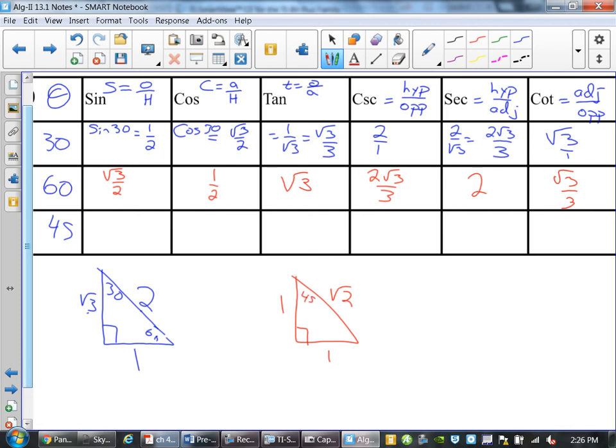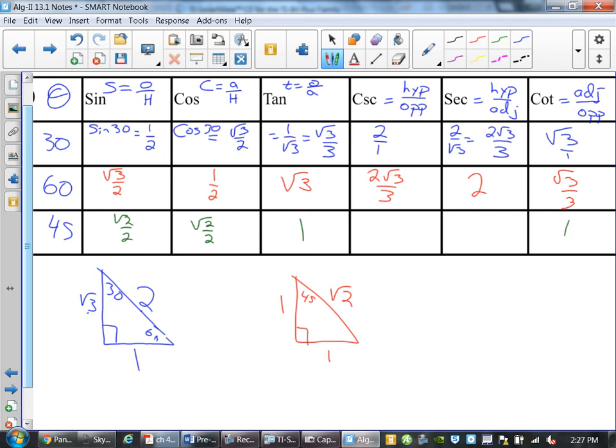It's nice that your sine and cosine values are identical for these. 2 root 2 over 2. Are we okay with that? So it'd be 1 over root 2. So you have root 2 over 2, root 2 over 2, which gives you a tangent of 1, which gives you a cotangent of 1.